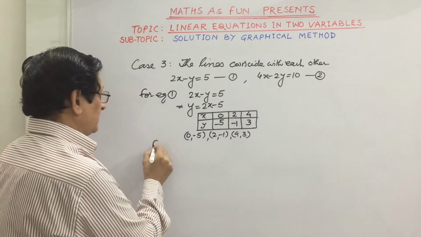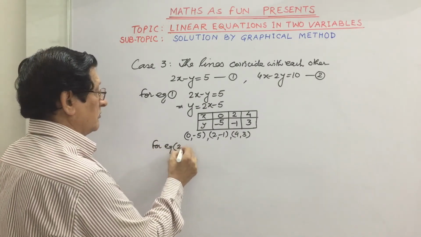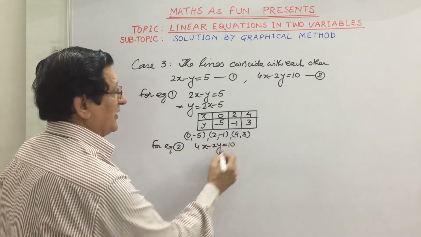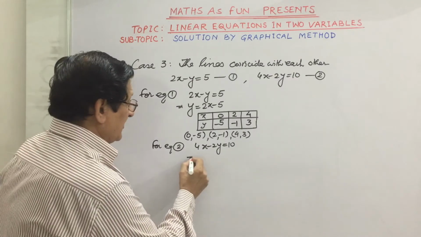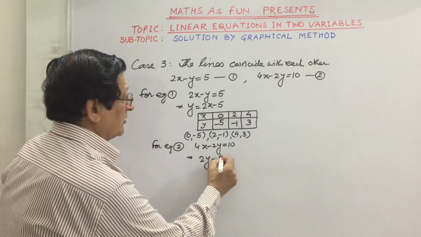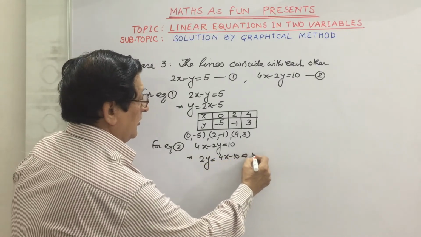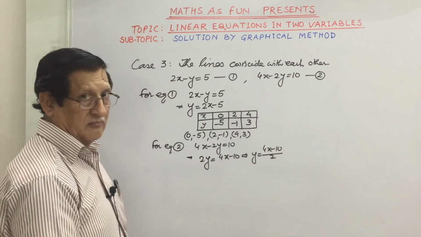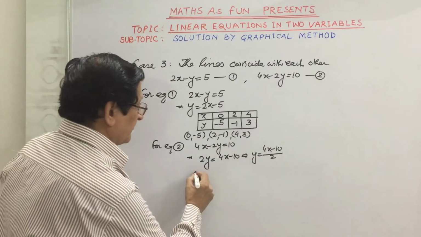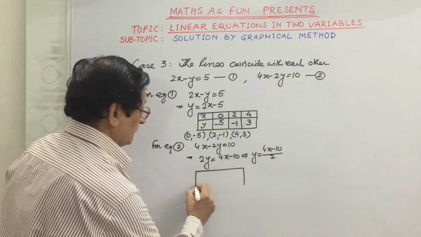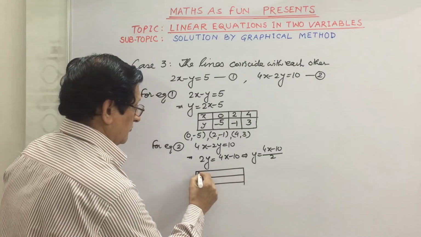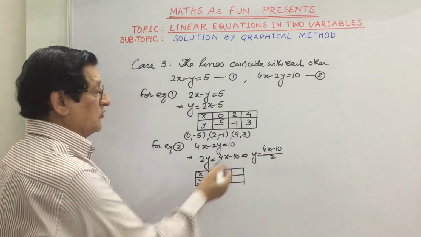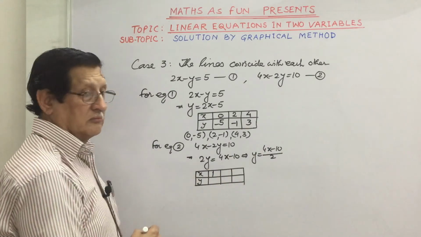We go for equation number 2. We are having 4x minus 2y equal to 10, which gives us 2y equal to 4x minus 10, or y equal to (4x minus 10) upon 2. To find the points for this graph, suppose we take x as 1.